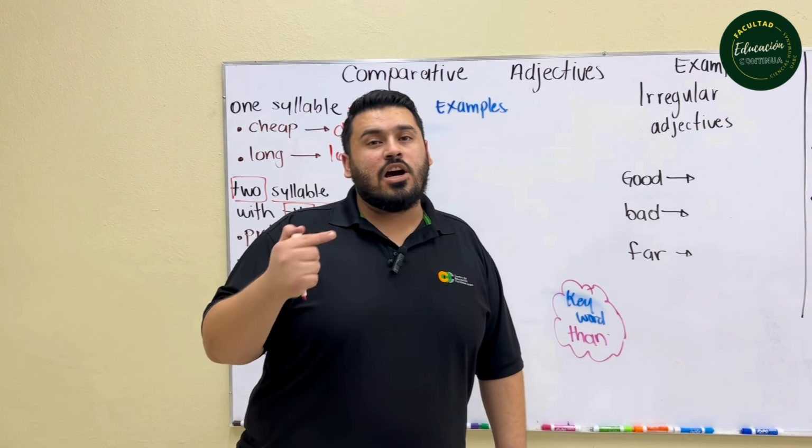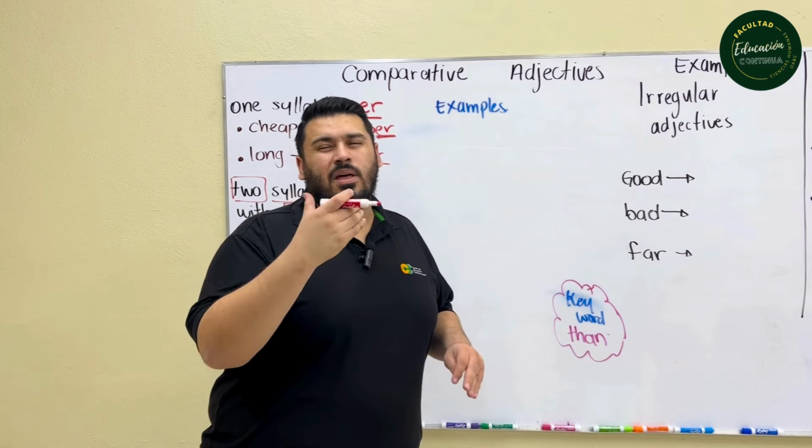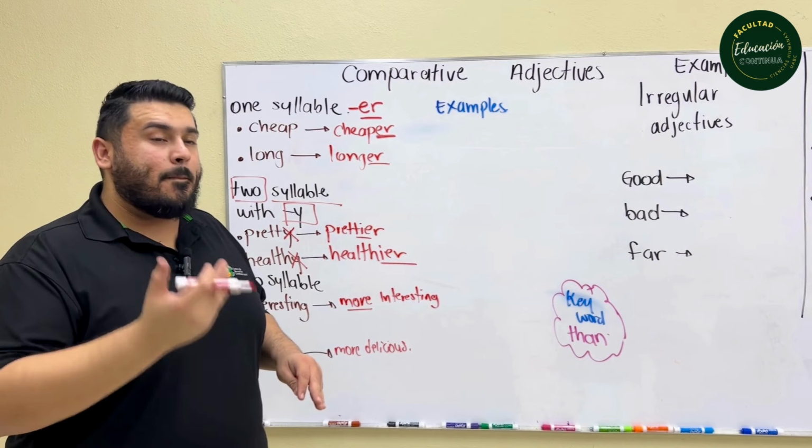So we have more interesting. Okay? Delicious. Three syllables. So it's going to be more delicious. That's the kind of adjective that we're going to use to compare.